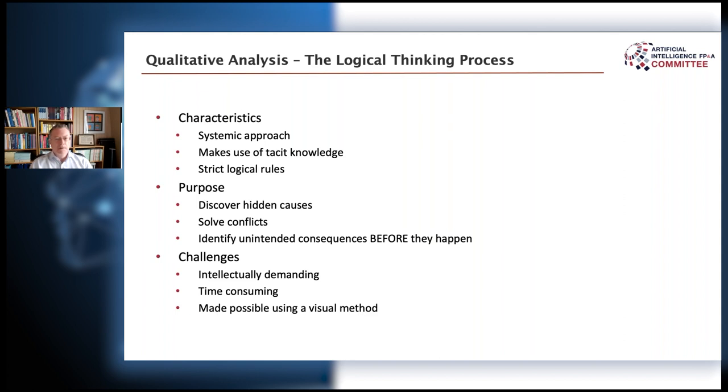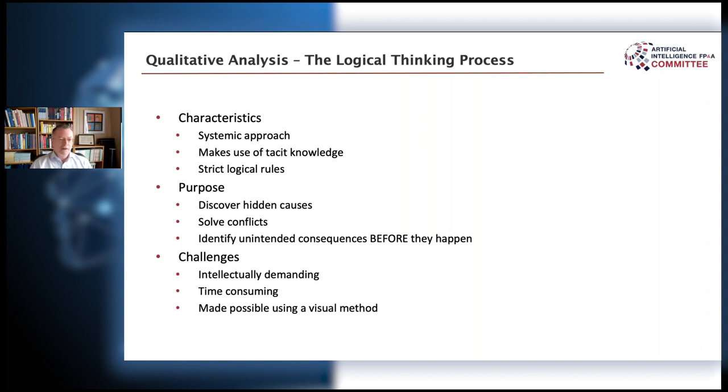So the logical thinking process, which is the methodology that I use, is a systemic approach, just like the analysis I showed you earlier. It makes use of the tacit knowledge we have, and it's based on strict logical rules. And we use it to discover hidden causes for problems, to solve conflicts, and to identify unintended consequences before they happen.